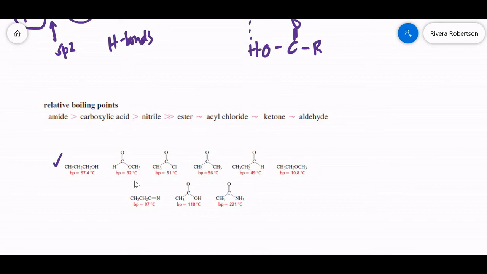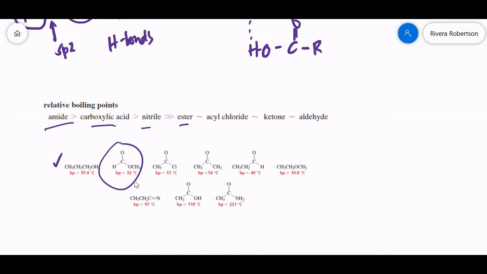Now, if we look at the relative boiling points, the highest boiling point is that of the amide, next is the carboxylic acid, followed by the nitrile, and then ester, acyl halide, and then ketones and aldehydes. So, these are the general trends. What is responsible for this trend is your hydrogen bonding.